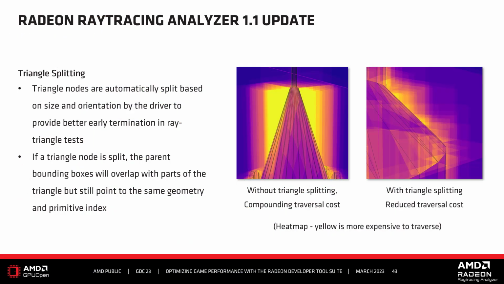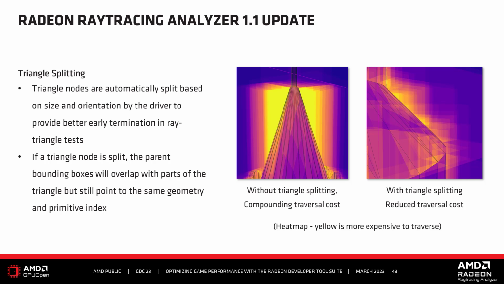The next driver feature is the triangle splitting. This feature is like re-rating, but it is done on the bottom level acceleration structure. The driver will automatically split the bounding boxes that point to the same triangle based on size and orientation. These split bounding boxes point to the same geometry and primitive index.